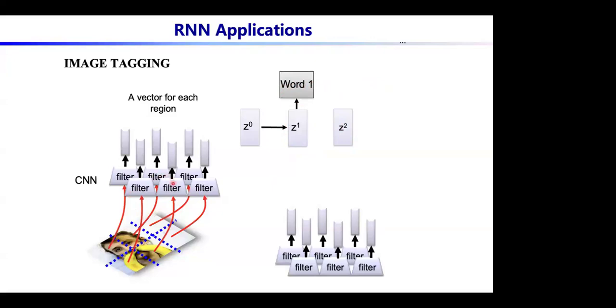And then for the image, it depends on what the image task is. For instance, if we do image tagging, that means we need to have multiple words. Each word describes one of the objects in the image.